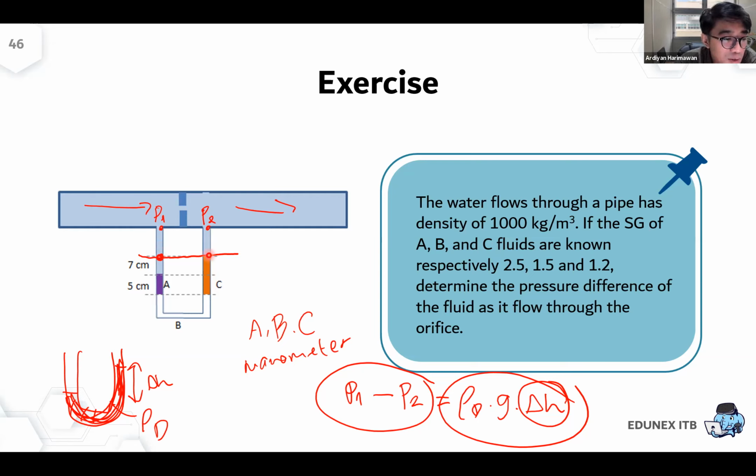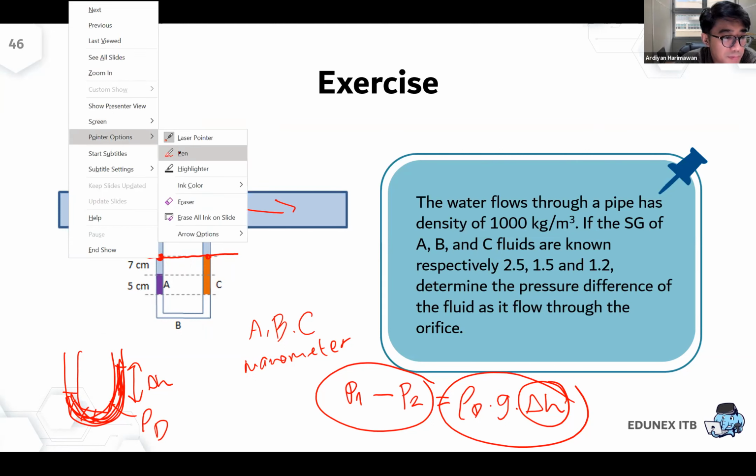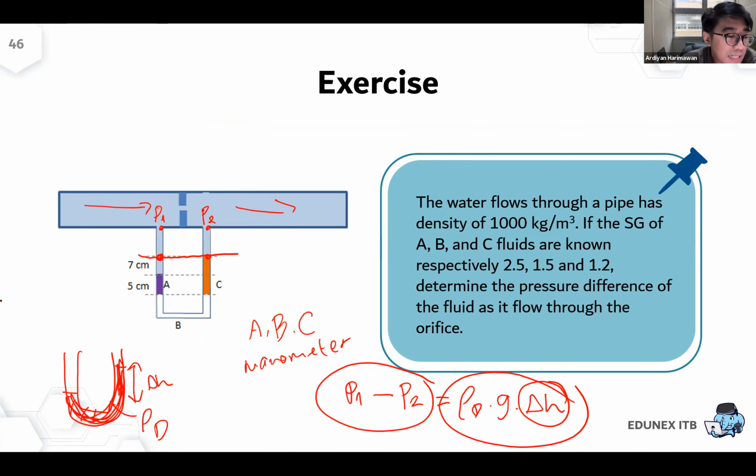That's why, how to calculate then? Which pressure is the same? Di mana titik yang tekanannya sama?